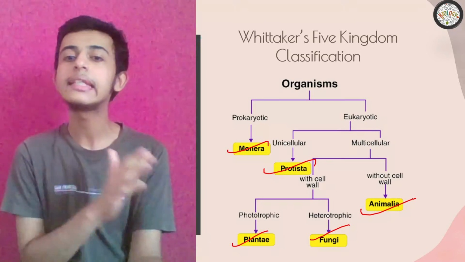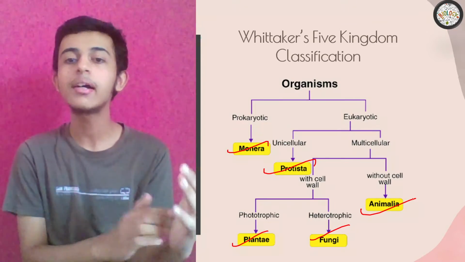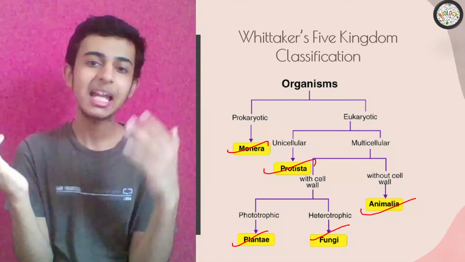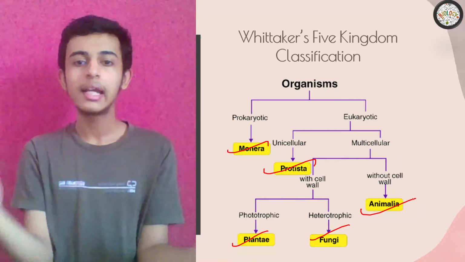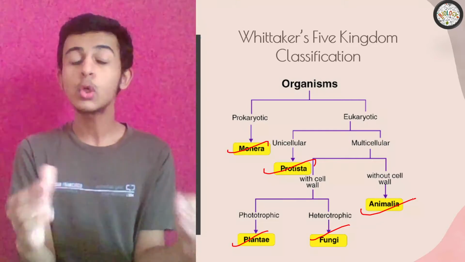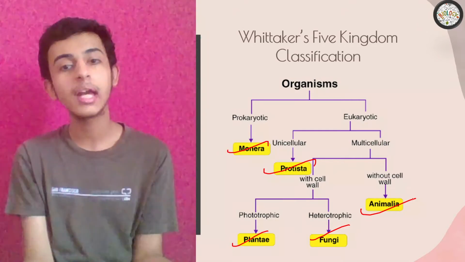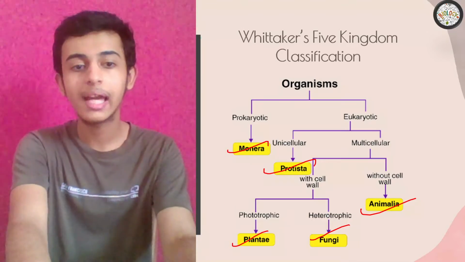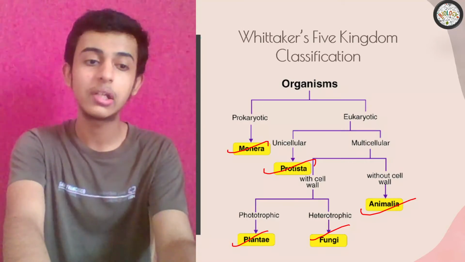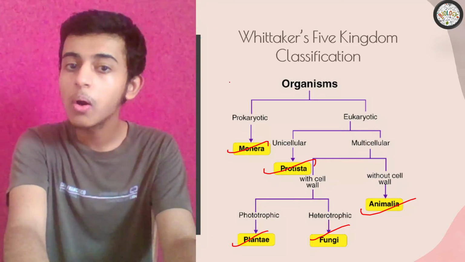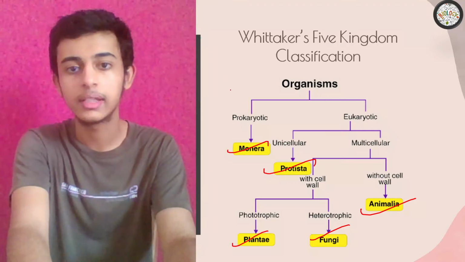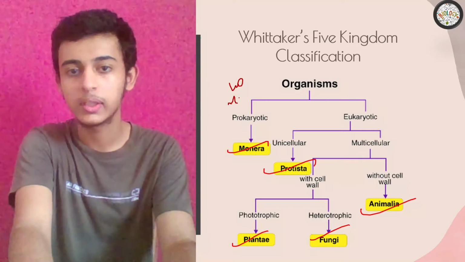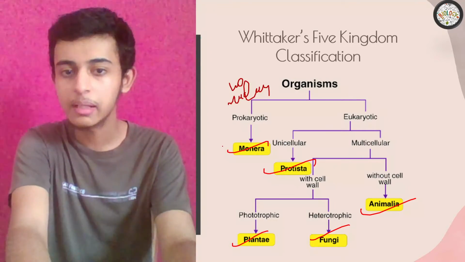Organisms, now using these criteria, we'll understand. Organisms can be prokaryotic, eukaryotic. In prokaryotic, we have Monera. So all Monera are prokaryotic. All organisms under this category of Monera do not have a well-defined nucleus. Okay, so no nucleus, you can say, in Monera.